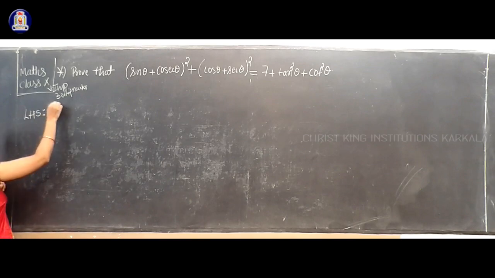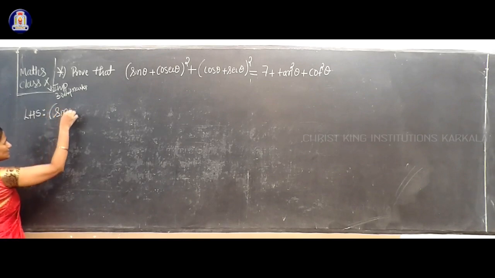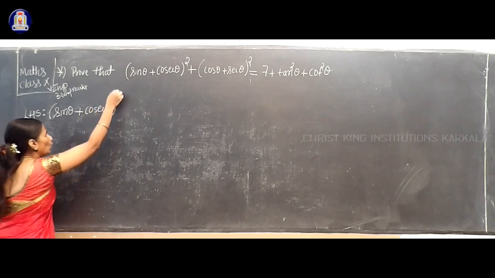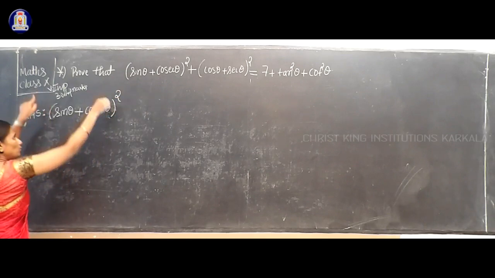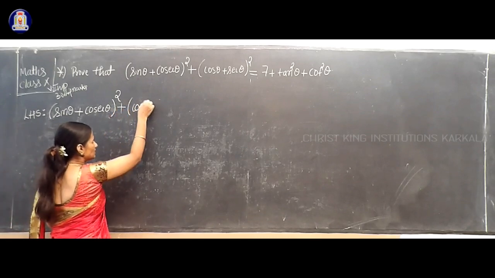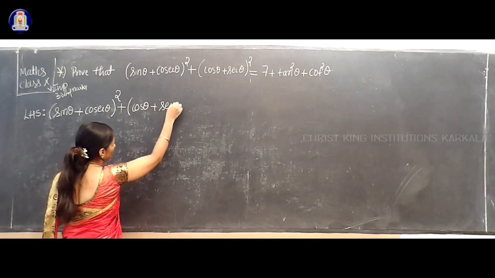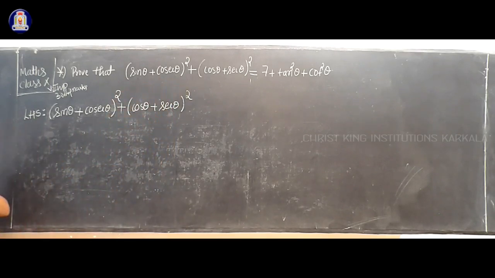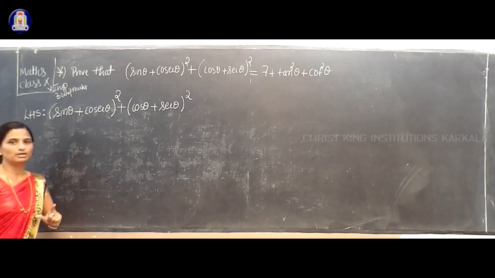First take your LHS side. LHS side is sin theta plus cosecant theta whole square plus cos theta plus secant theta whole square. Now how to simplify this?